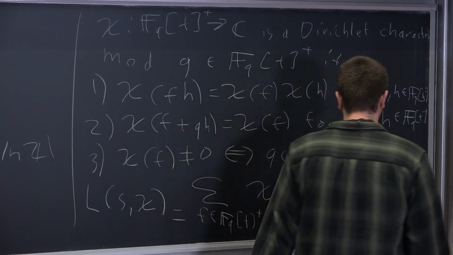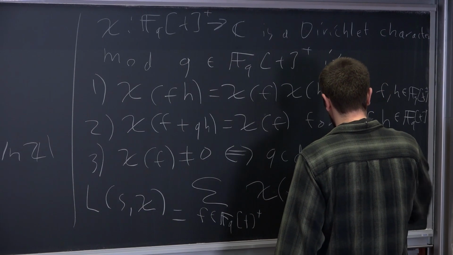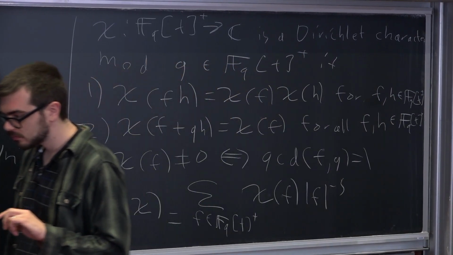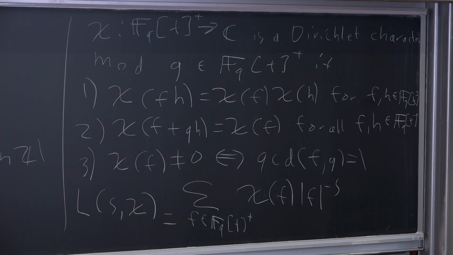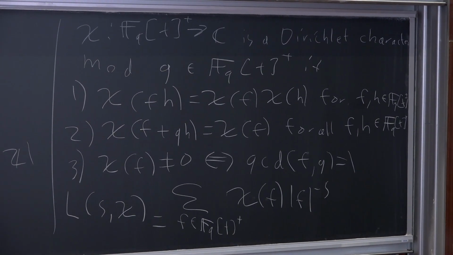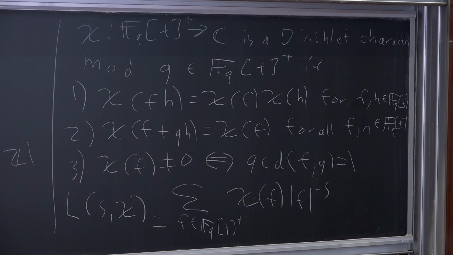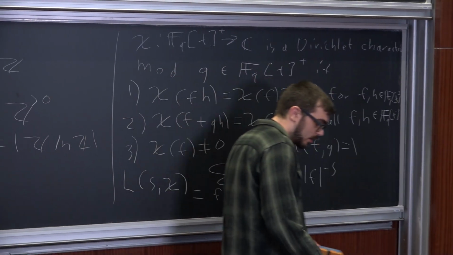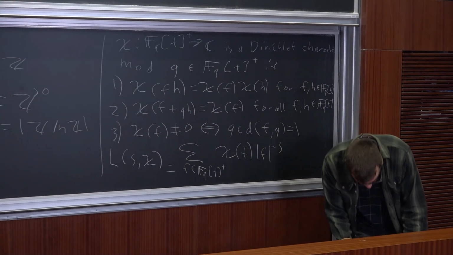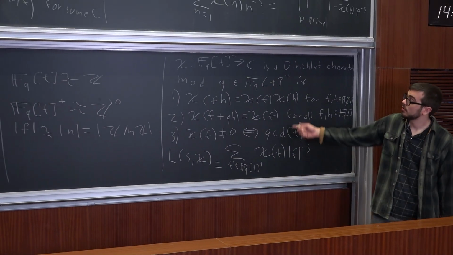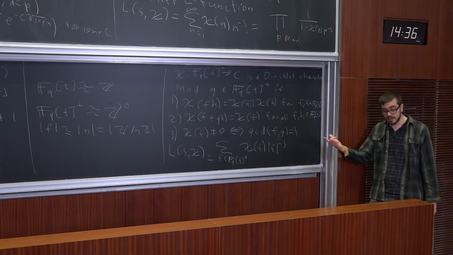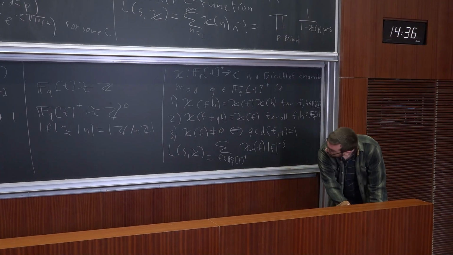I put this absolute value in to make it a real number. And so now that we define the Dirichlet L function in this setting, we can study their properties.